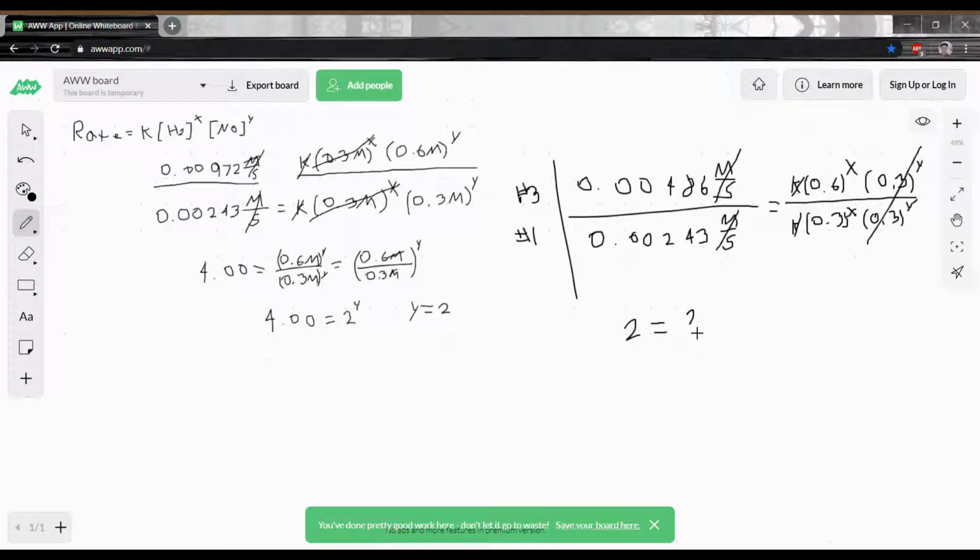Remember, when we have 0.6 to the x over 0.3 to the x, we can rewrite this as 0.6 over 0.3 raised to the x power. 0.6 over 0.3 is 2. 2 is equal to 2 raised to the x power.